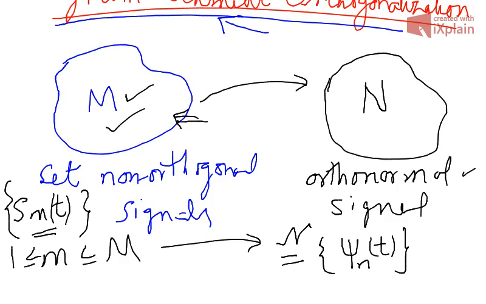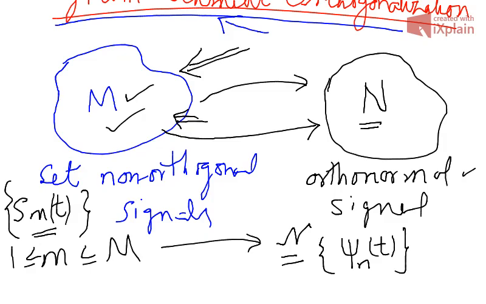So basically the Gram-Schmidt procedure is applied to this set to convert it into another set of signals which contains N number of signal waveforms, and those signal waveforms are orthonormal.